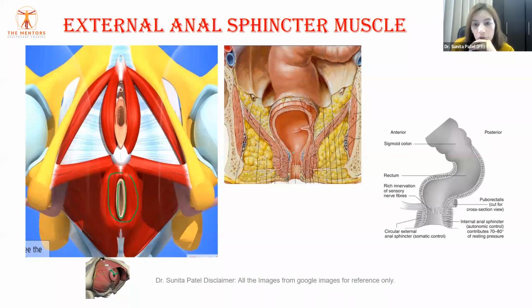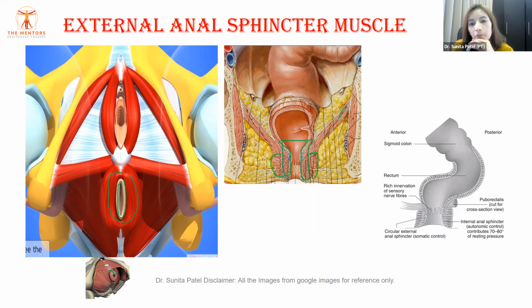This is the part of the anal canal, and in this anal canal these are the internal sphincters, and these are the external sphincters. This is all external sphincter.